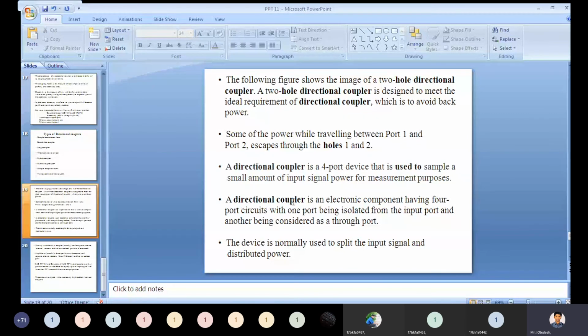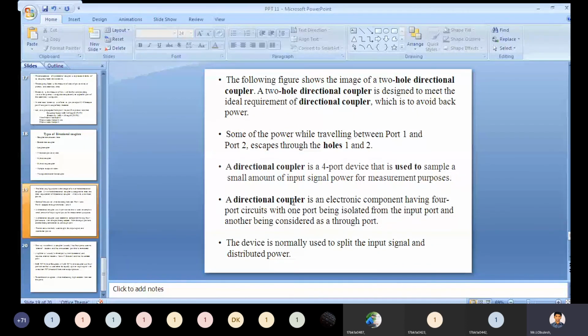A two-hole directional coupler is designed to meet the ideal requirement of a directional coupler, which is to avoid back power. Sometimes some of the power while traveling between port 1 and port 2 escapes through holes 1 and 2.